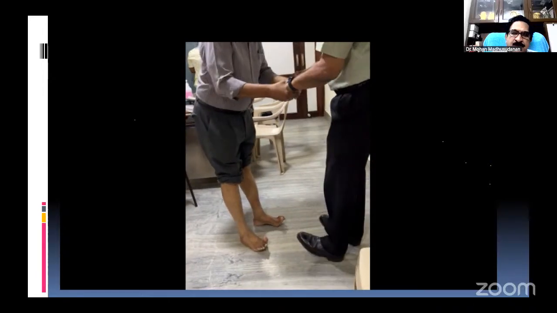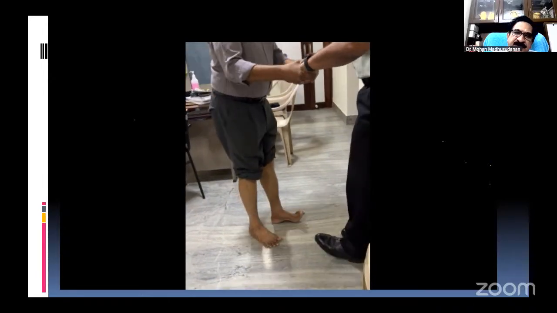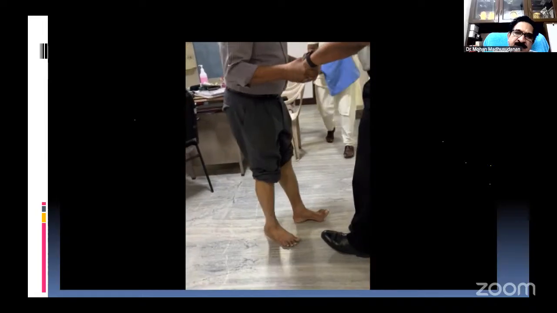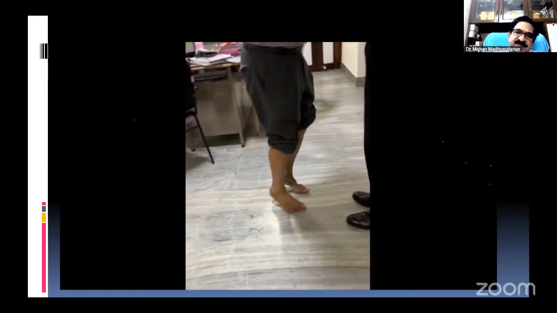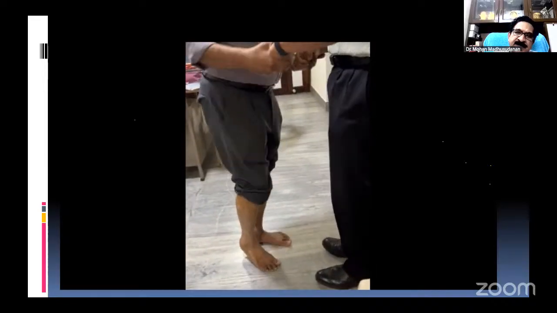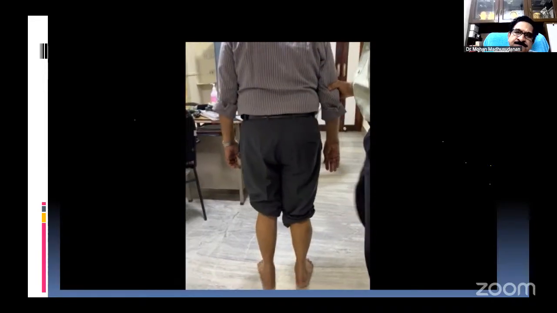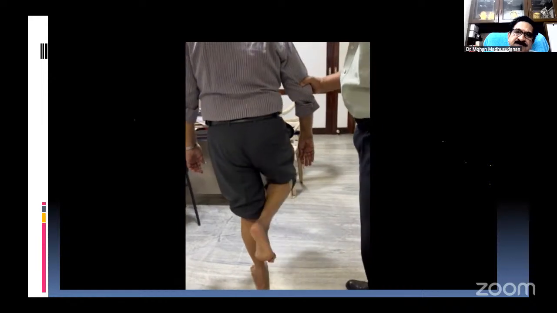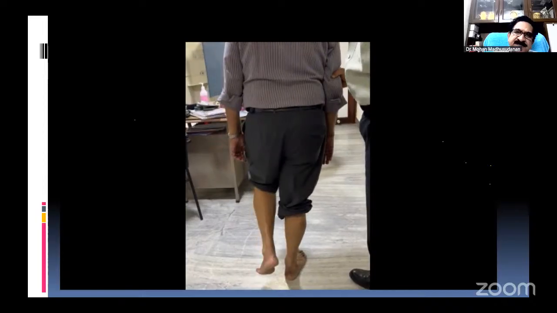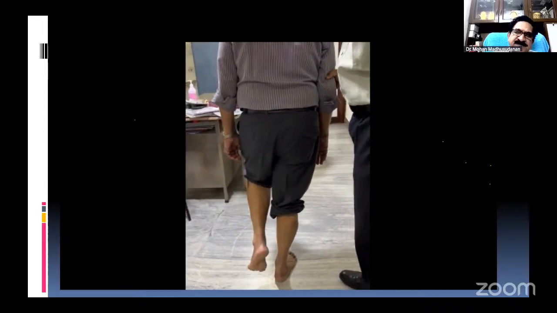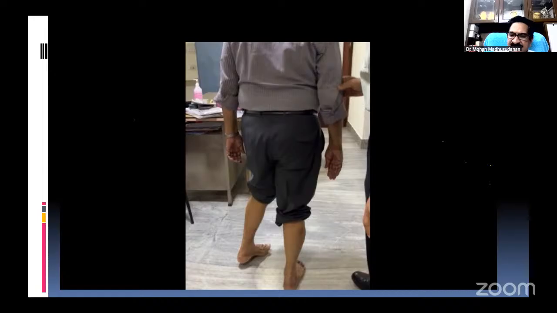Dorsiflexion is weak, even though not totally absent. He could elevate the foot a little bit from the ground, but not fully normal. Plantar flexion is also a little bit present. See this? Not normal entirely. Standing on the left side is okay. The right side is positive on tendon back testing.